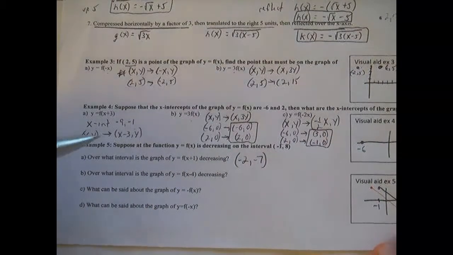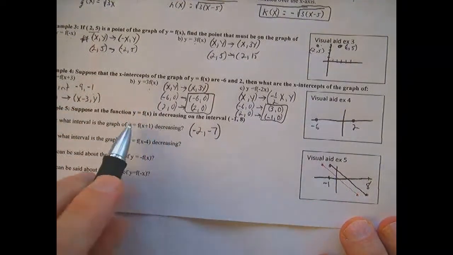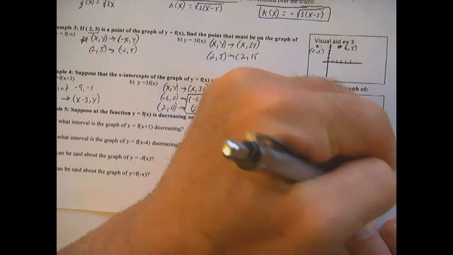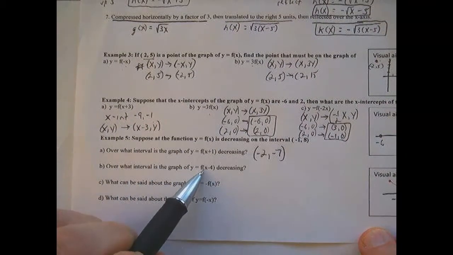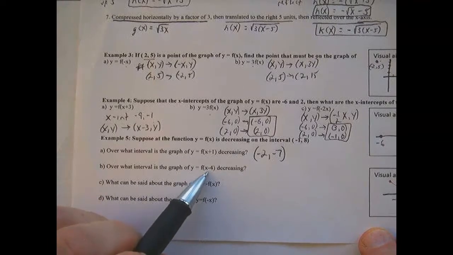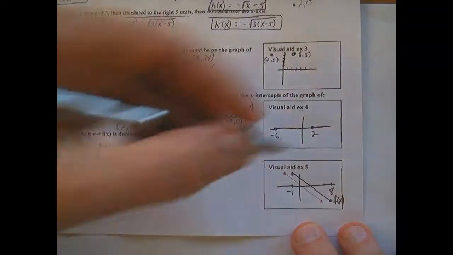All right, what else do we want to know about the original function, which I'm just going to write here, this is f of x? Over what interval is the graph of f of x minus 4 decreasing? This time, I want to move it to the right 4 units. So everything here will move to the right 4 units.